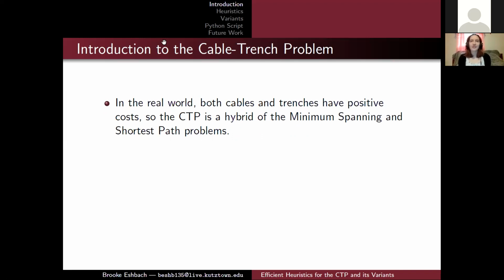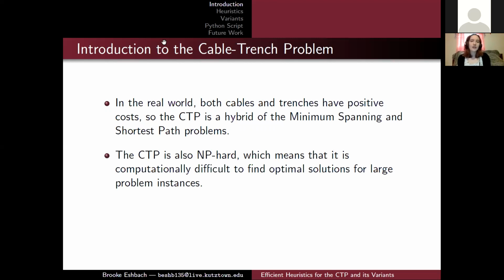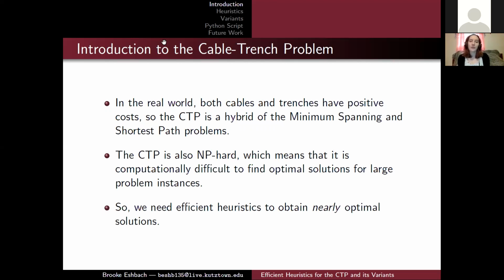So we have to consider cases where both tau and gamma have positive values. So the CableTrench problem is actually a hybrid of the minimum spanning and shortest path tree problems. So it's also important to note that it is NP hard, which means that for large problems, you can't guarantee optimals, you can only guarantee good solutions, and we do that through the use of efficient heuristics.